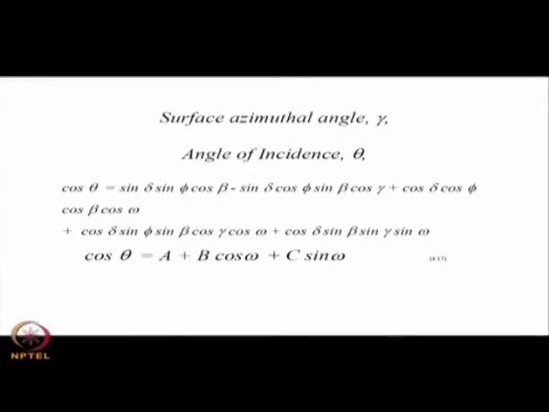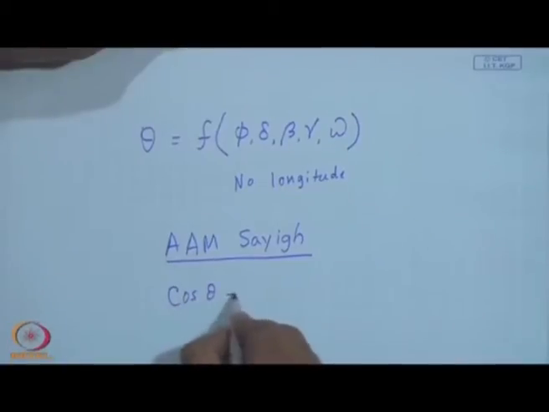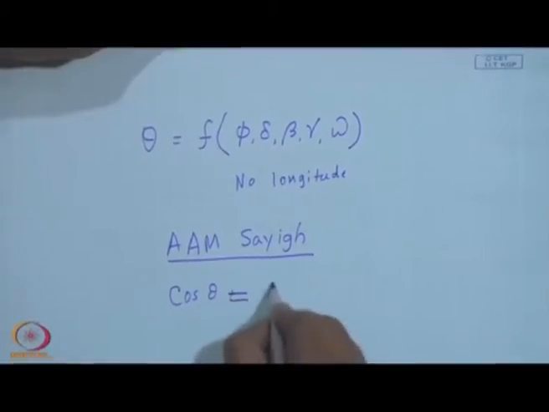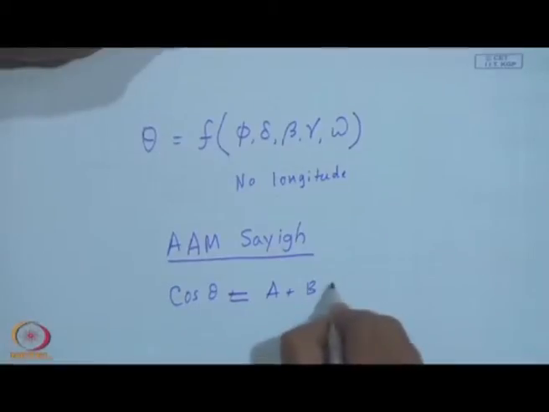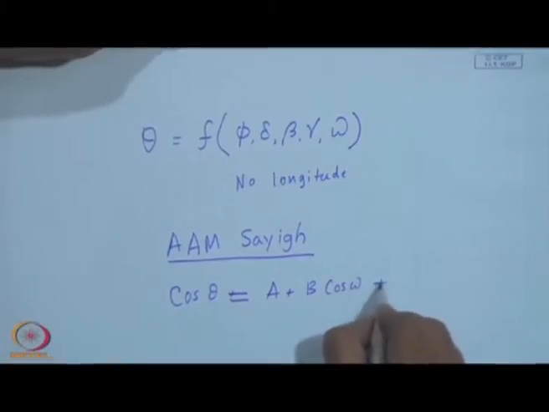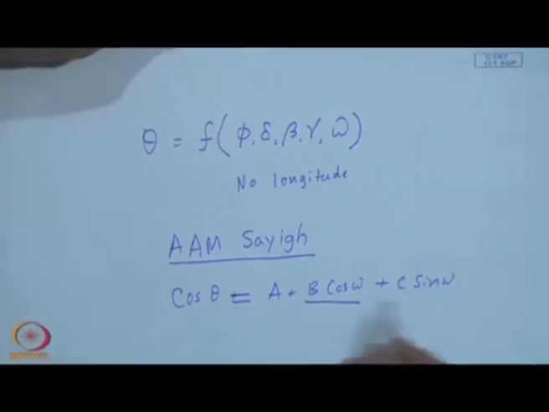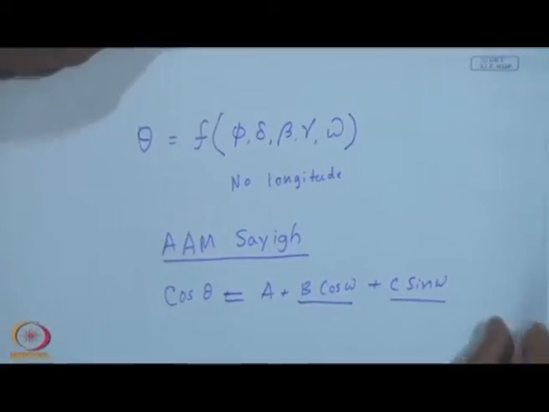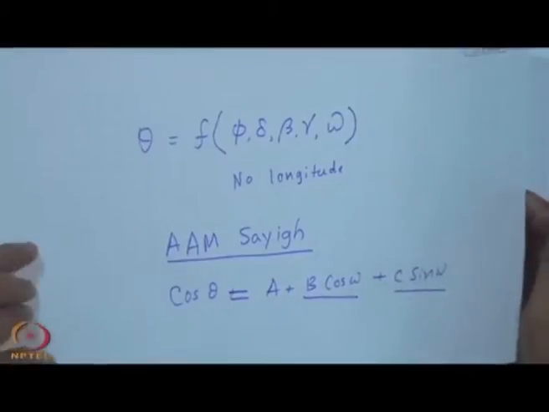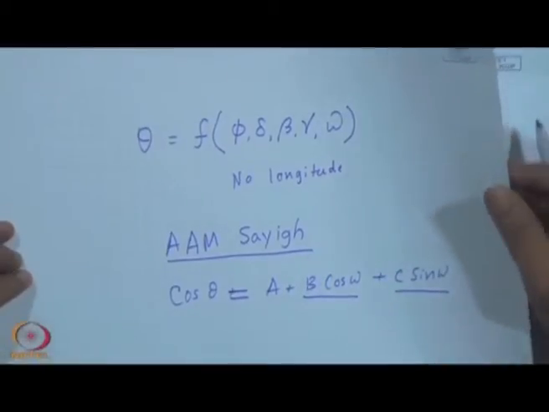Then I thought I shall give up and take the relation as it is, and this is quite conveniently written as cos theta equal to A plus B cos omega plus C sin omega. In other words, there is a symmetric component, and there is an antisymmetric component, which basically will make the distinction whether gamma is positive or gamma is negative.